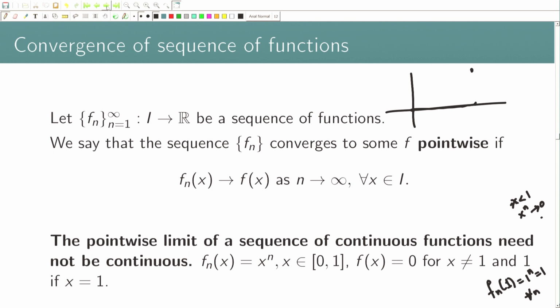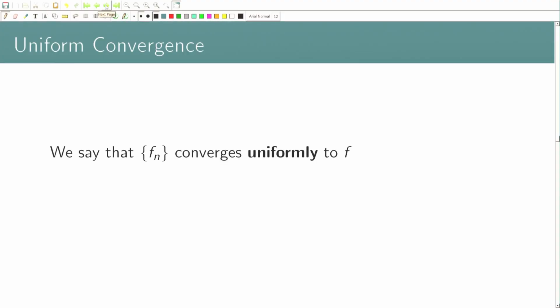So, what extra condition do we give in the convergence which will give us that the limiting function will also be a continuous function if we are starting off with a sequence of continuous functions? Now, what is uniform convergence?